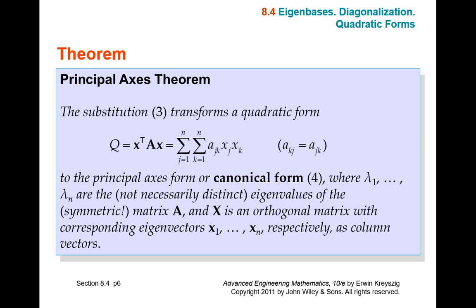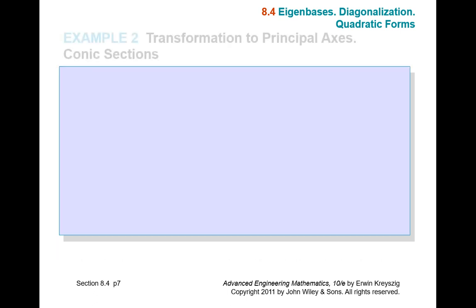The principal axis theorem is basically: if you have a symmetric matrix A, you calculate the eigenvalues, and then you can rewrite the quadratic form into a new coordinate system, and that is known as the principal axis. From here you can find the direction of the principal axis by calculating the eigenvectors of those axes.